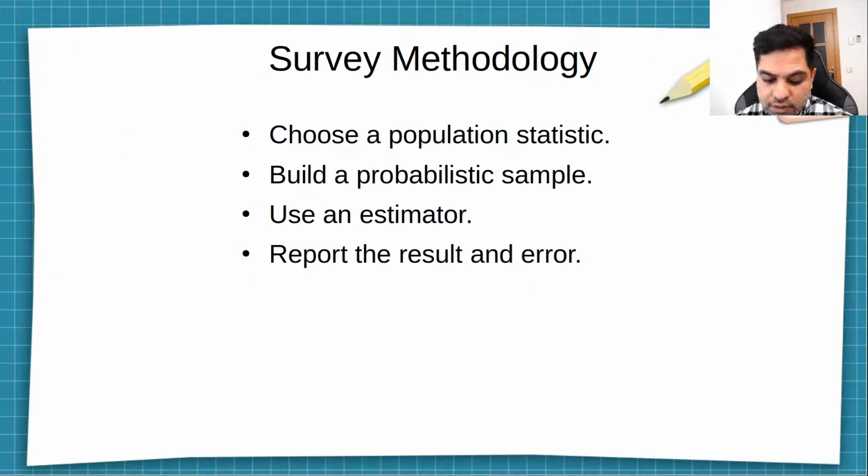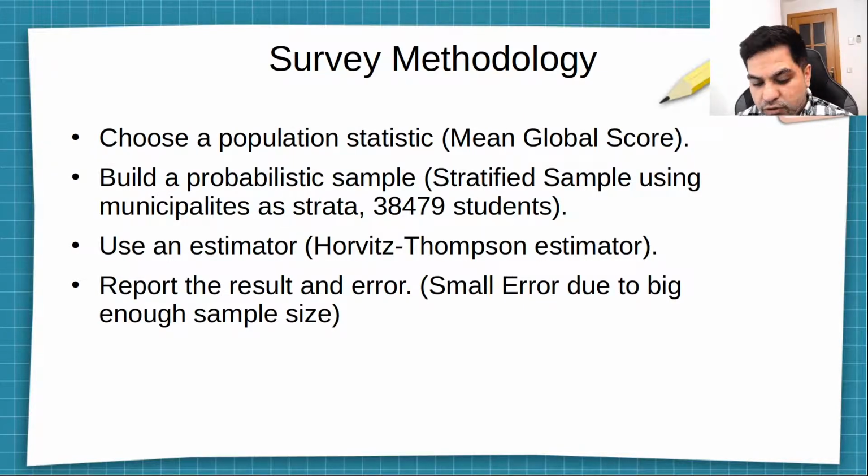Okay, how is a typical survey designed? First, a population statistic is chosen, in our case the mean global score of the whole country. Then a probabilistic sample is built. In our case we built a stratified sample using the municipalities as strata, with at least 5 students for each municipality, and considering the variances of the last year's test, and we finally got a sample of about 38,000 students.